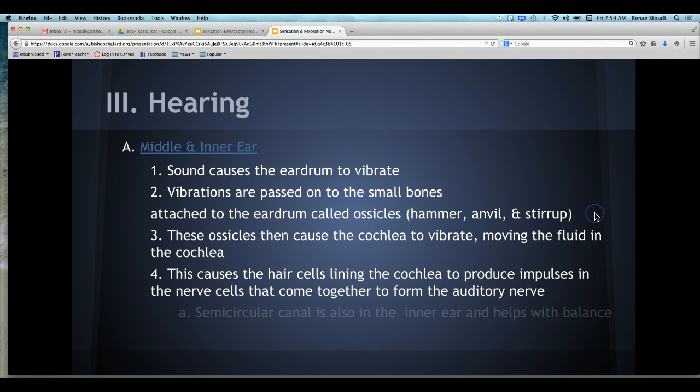Okay, so the semicircular canals by the cochlea are also in the inner ear, and they help with balance. If you've ever talked to anybody with an ear infection, sometimes it throws off their balance.